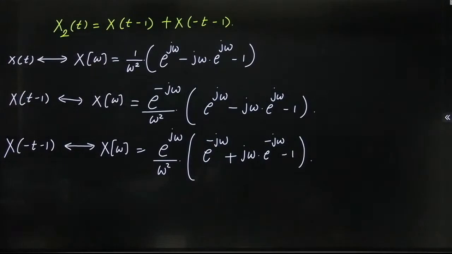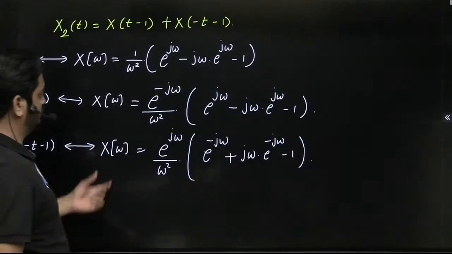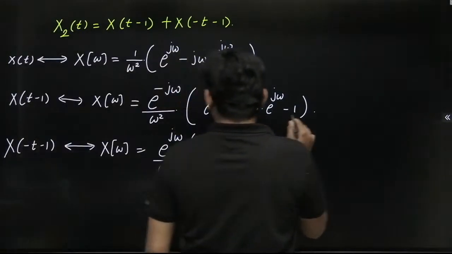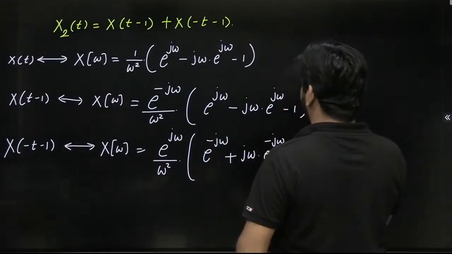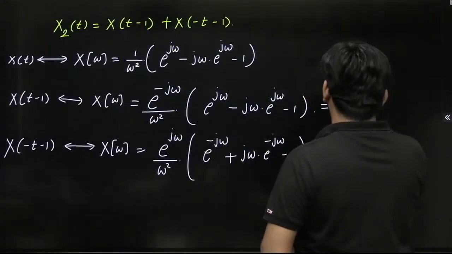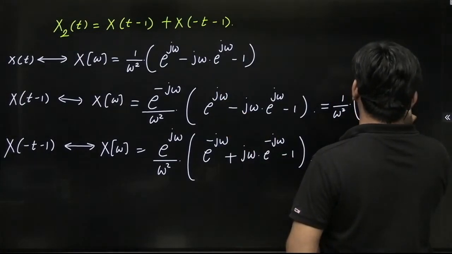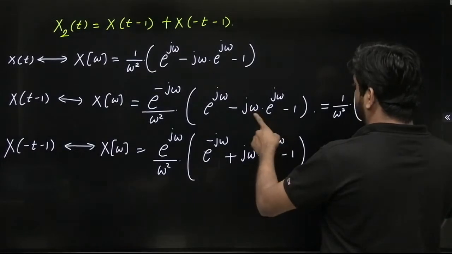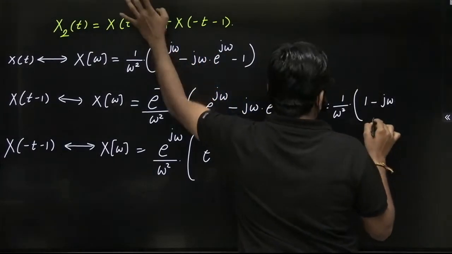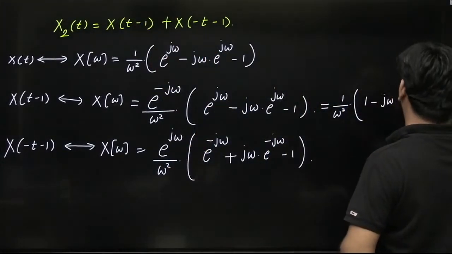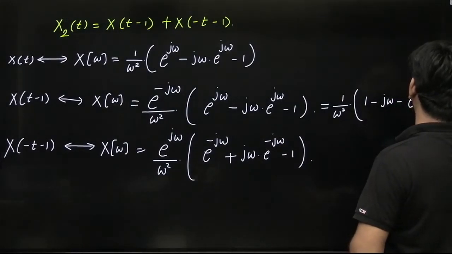Okay. Now we have to add these two terms, guys. So if you multiply inside, then it will be 1 by omega square, here this is 1 minus j omega minus e power minus j omega, correct?